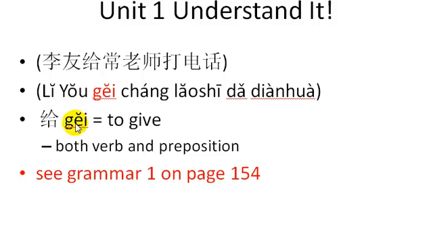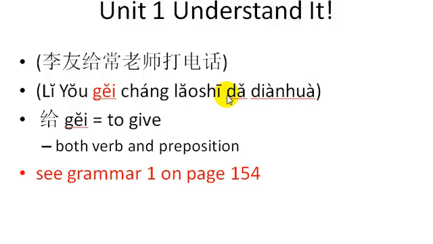So in here, you've seen 给 before. It means to give. But it's also used like a preposition. So here we have 李友 doing something to 常老师. And what is she doing? Well, that comes in this 打电话 part, which we'll look at in the next slide.